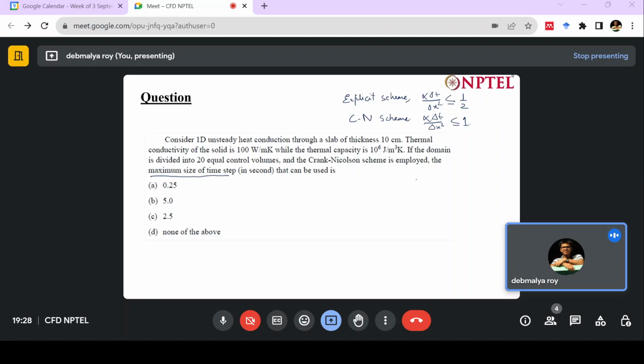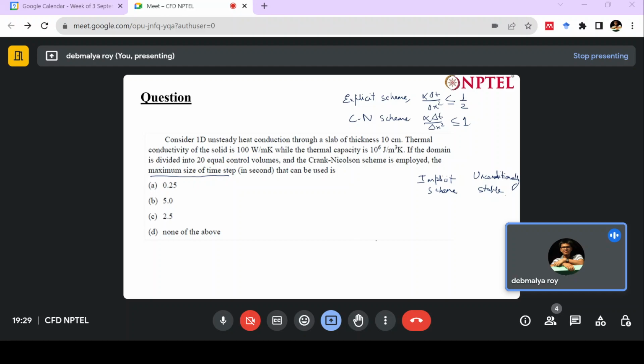Whereas the implicit scheme is unconditionally stable. So unconditionally, we will have the same sign of AP0. So for the implicit scheme, we do not need to worry about these kinds of values. Okay.